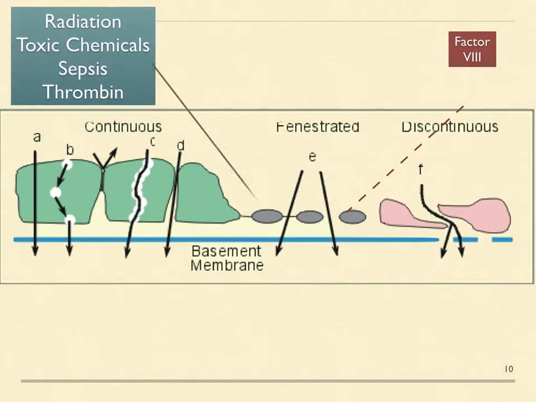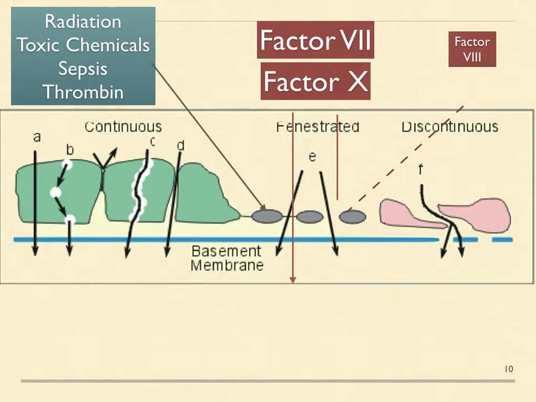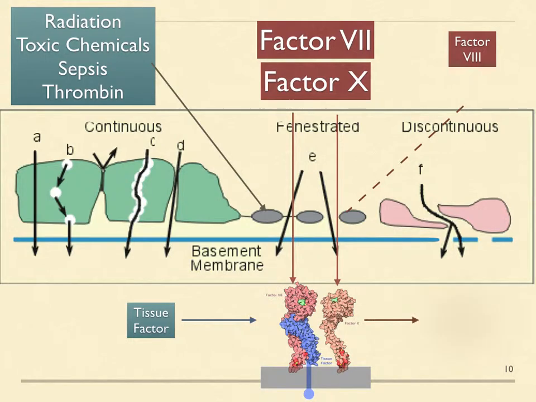Radiation, toxic chemicals, and sepsis increase the permeability of the vascular endothelium and allow factor X as well as factor VII to penetrate the capillary walls, which elevates thrombin generation to levels that sustain tissue repair.